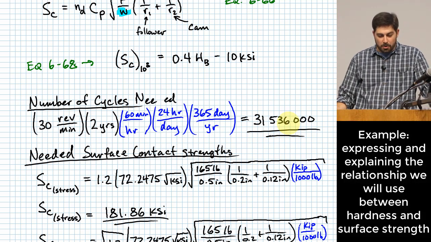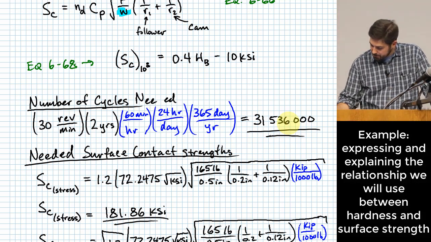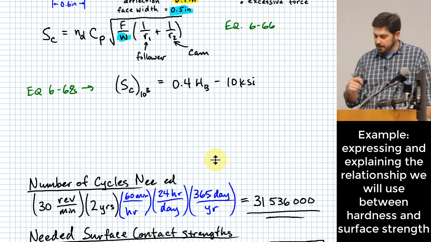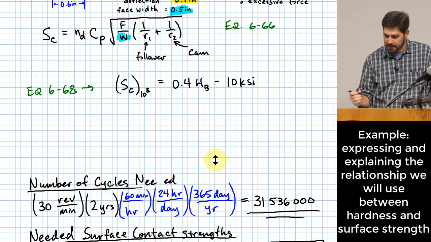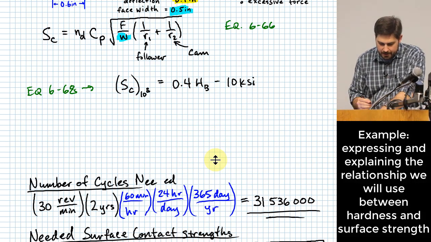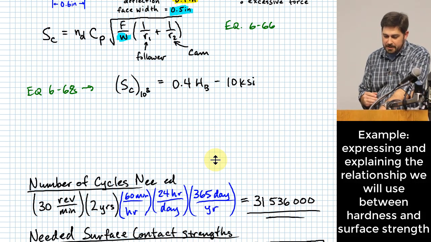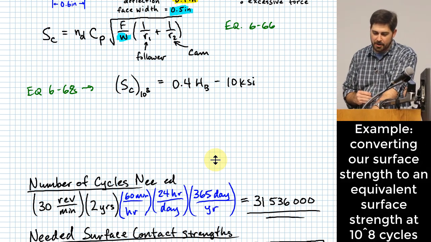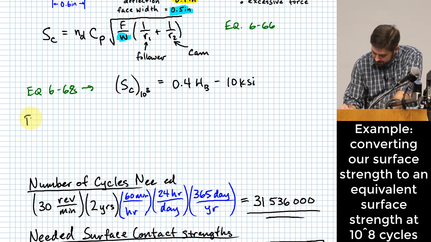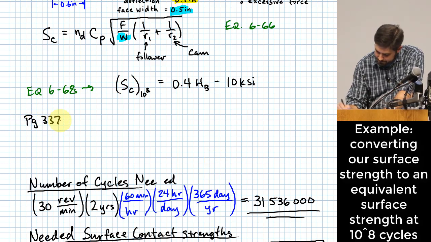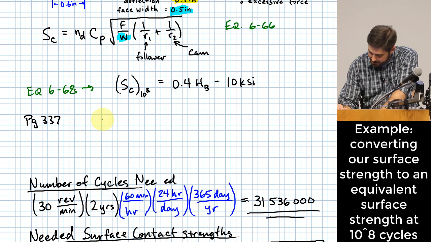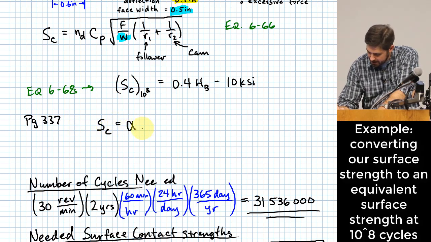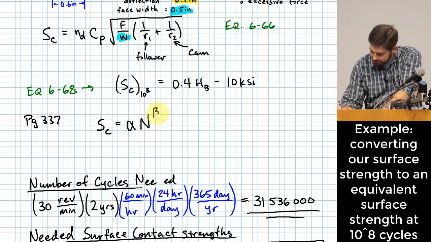Okay. Fortunately, we have another relationship that allows us to find a relationship between these two strength values, and it is based on an equation. Again, it's an unnumbered equation. I apologize. It's about a third of the way down on page 337. It says that S sub C is equal to alpha times n to the beta.